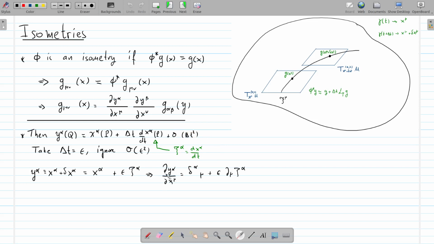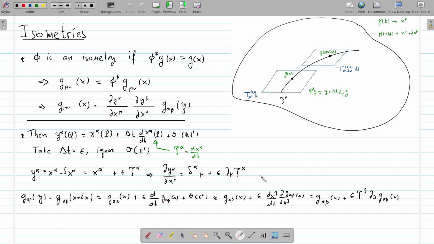So this relation gives us an approximation to those derivatives here, and they're easily computed to be equal to δ^α_μ + ε ∂_μ ξ^α. We can also Taylor expand the components of the metric around the point x and compute an approximation to the components at the point y, keeping also terms up to order ε here.